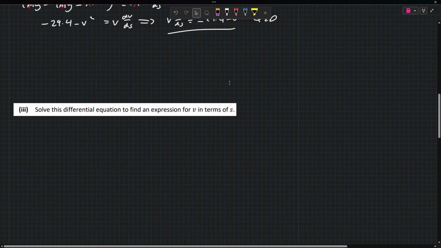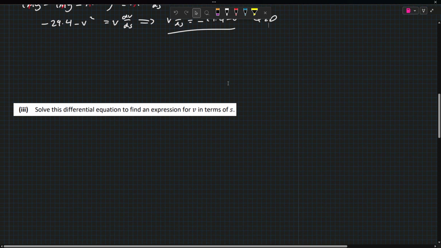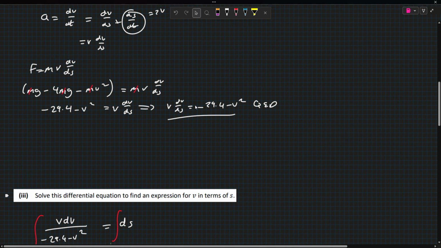Now solve the differential equation to find an expression for v in terms of s. We can divide both sides by the entire quantity minus 29.4 minus v squared, multiply across by ds, and then integrate both sides. What are the bounds of integration?